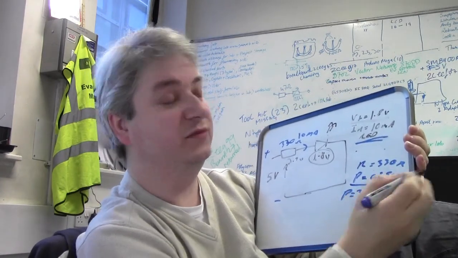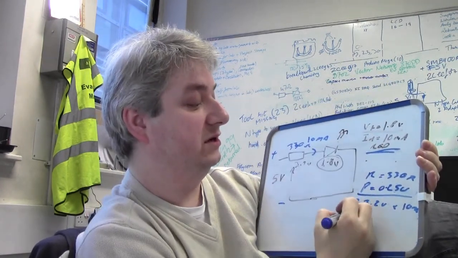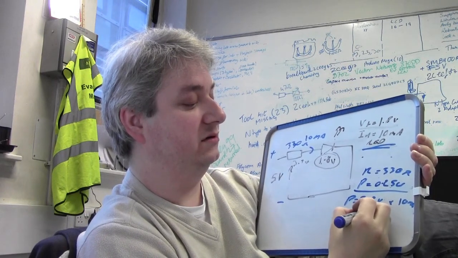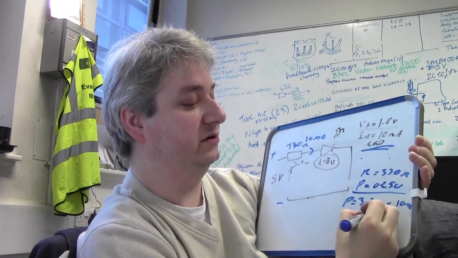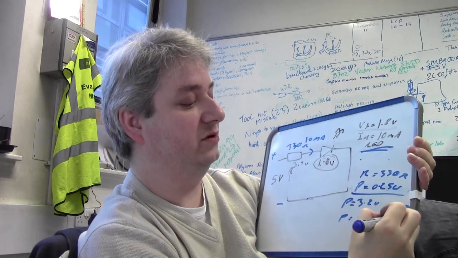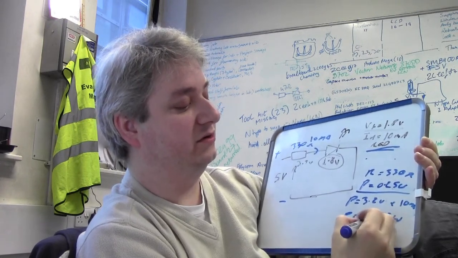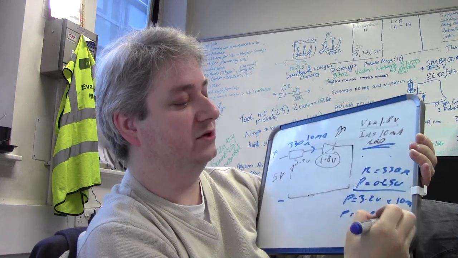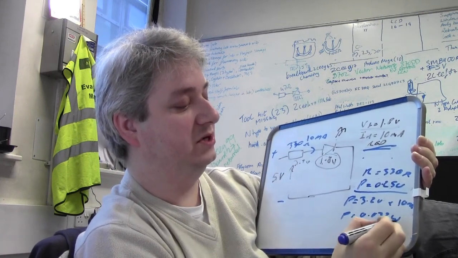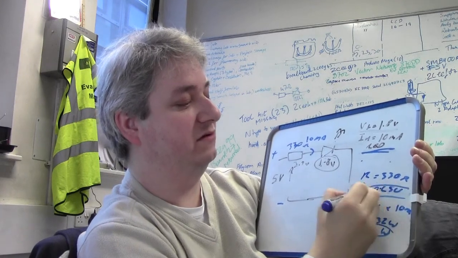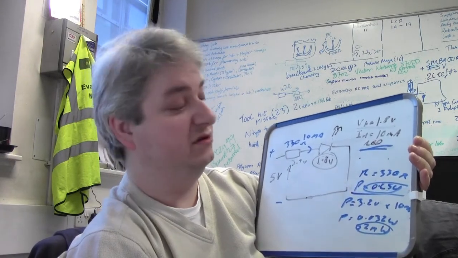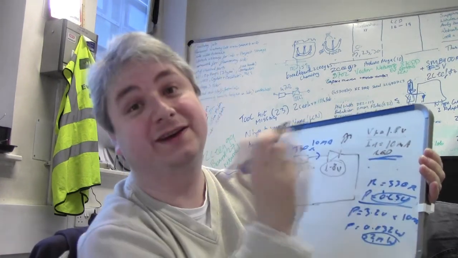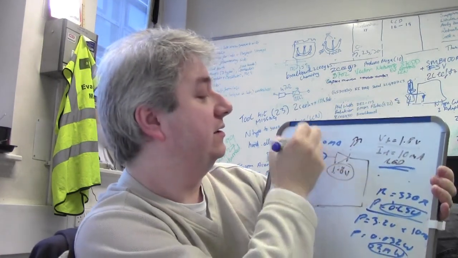So 3.2 volts multiplied by 10 milliamps gives us a power of 0.032 watts, which is 32 milliwatts. The resistor can sustain 0.25 watts of power, so we're well within our power rating.